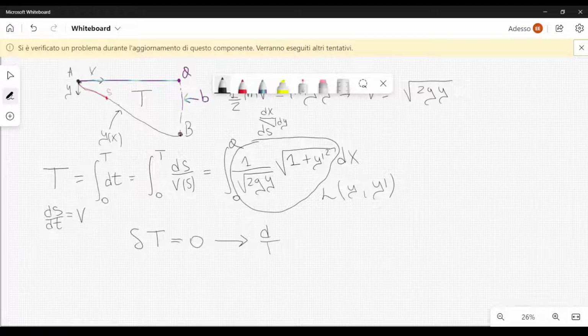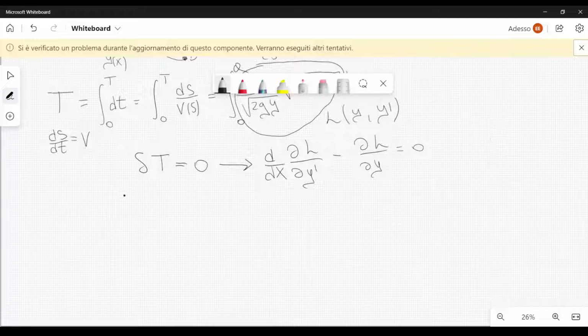So we have d over dx in this case, dL/dy prime minus dL/dy equal to 0. So we have to calculate the derivatives of this Lagrangian.